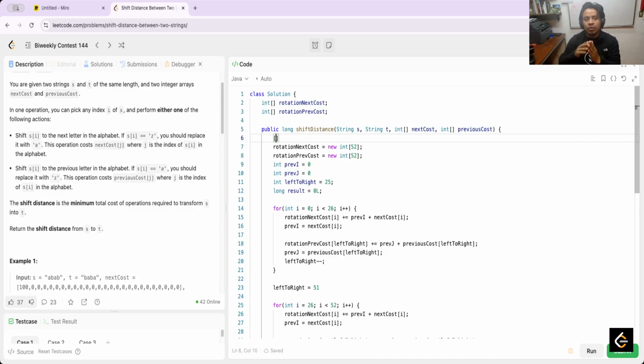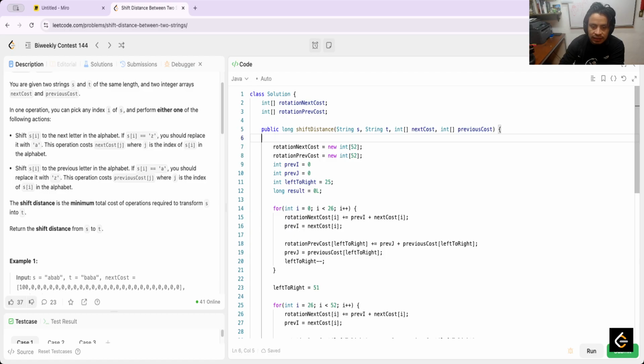But what happens if you want to move to the next cost and reach the zero and start again in letter A? In this case, I decided to create this array with double the size of the English alphabet. The English alphabet has 26 letters, multiplied by 2 is 52. And basically, with this, discover what is the minimum cost for every letter.